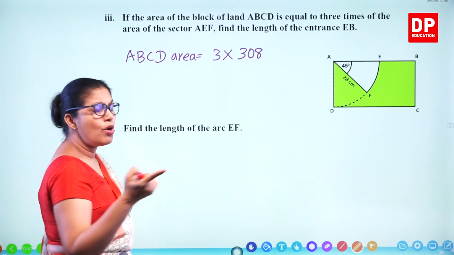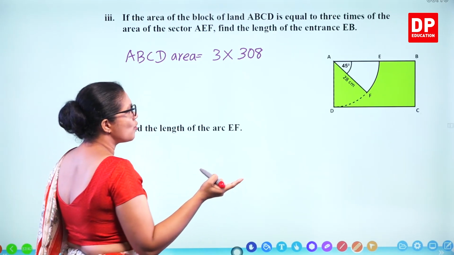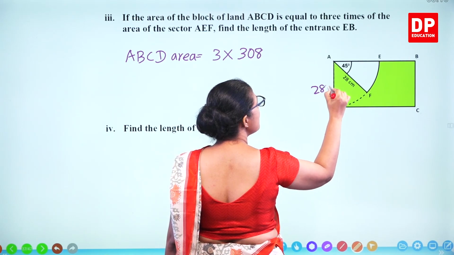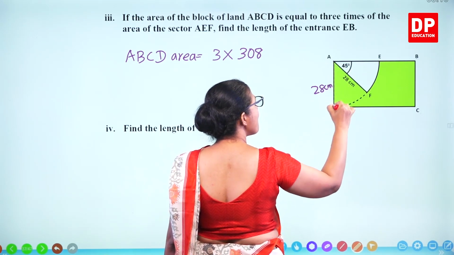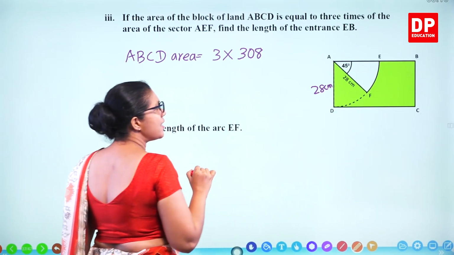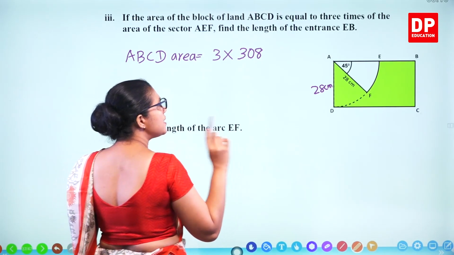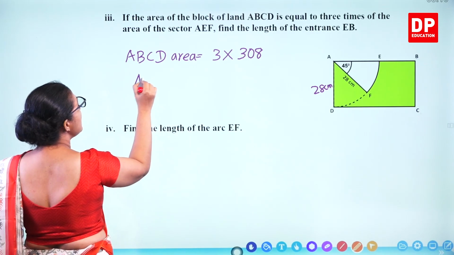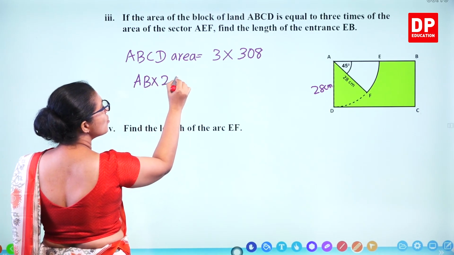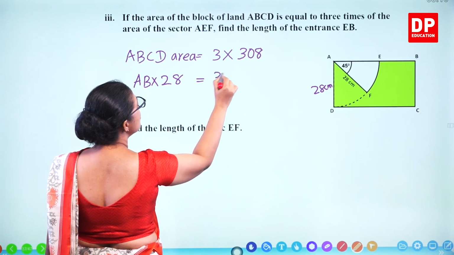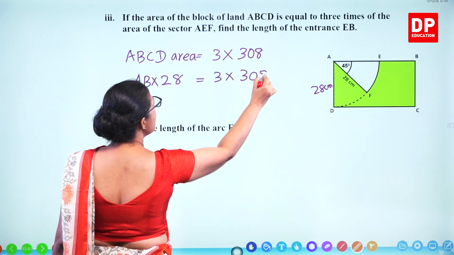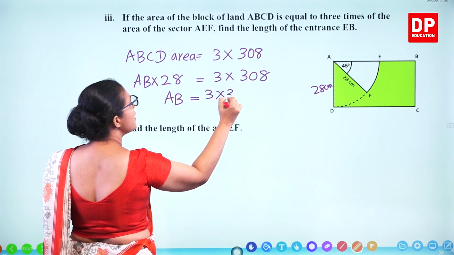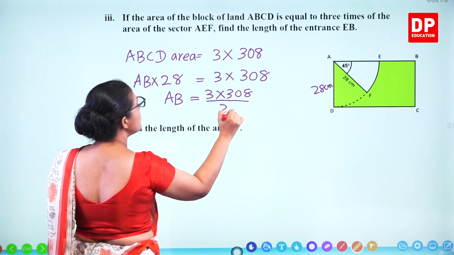That's equal to length into breadth. So we know this is 28. So this is also 28 centimeters. So you get the same radius there. So we'll take AB length. AB into 28 is equal to 3 times 308. So what's AB? 3 into 308 divide by 28.